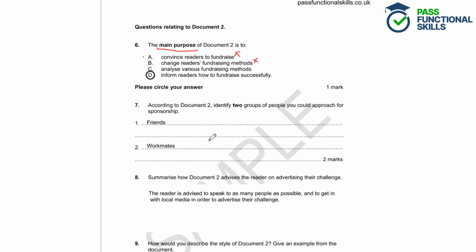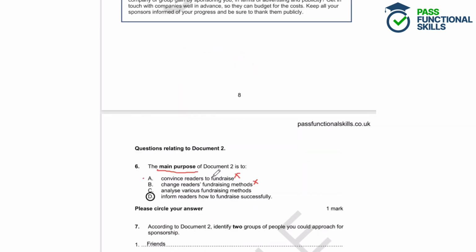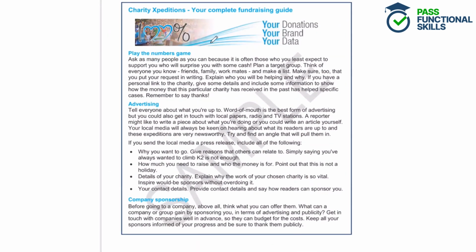C. Analyse various fundraising methods. Well, there's not really an analysis of the fundraising methods here. They're not analysed, they're not explained, they're just presented to the reader. So tell everyone what you're up to. There's a little bit of an explanation here saying word of mouth is the best form of advertising, but it doesn't really explain that in detail.